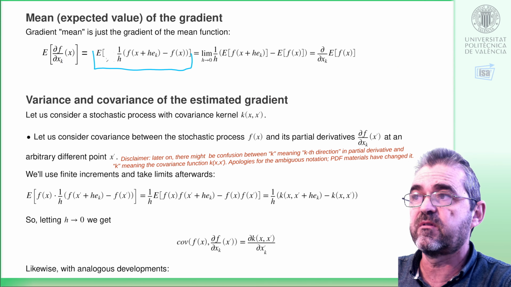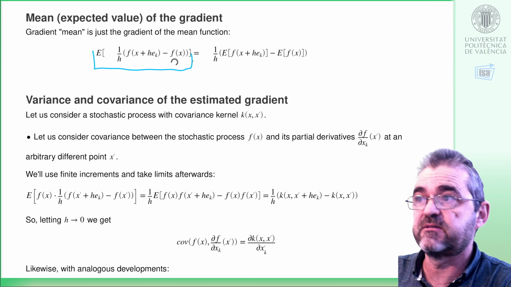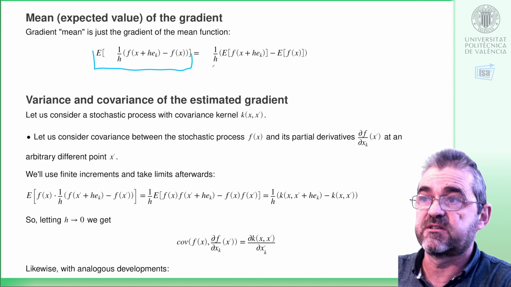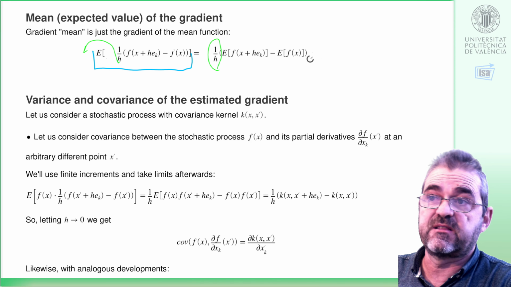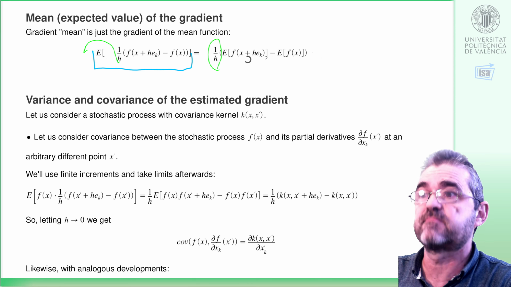We'll first think in finite increments, forgetting momentarily about limits. Expectation is a linear operator, so constants can go out of the expectation, and then the expectation of the difference is the difference of the expectations.